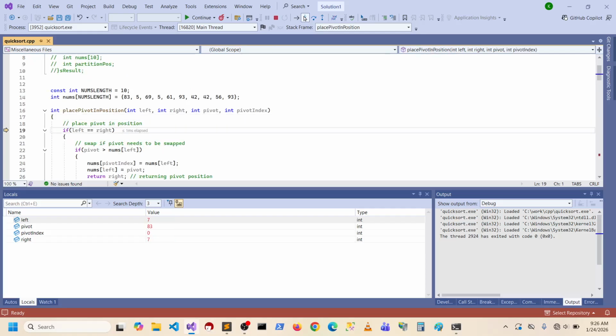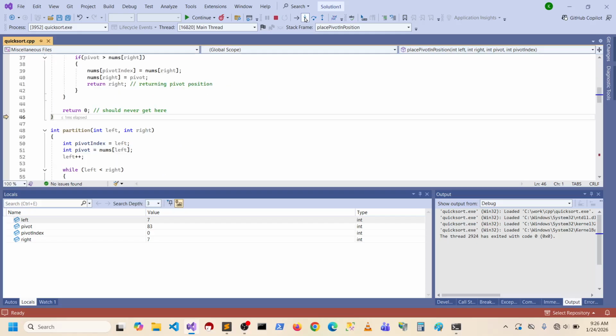All right. So pivot is 83, greater than num's left. Num's left is 7, right? 9, 8, 7, so it's 42. It is greater than that. So it does that.